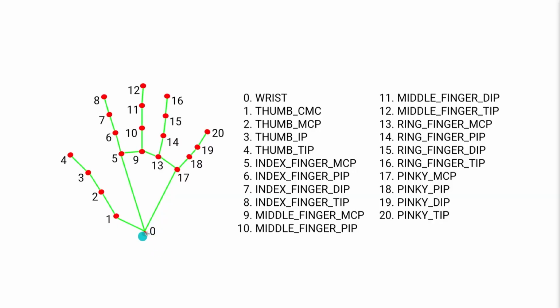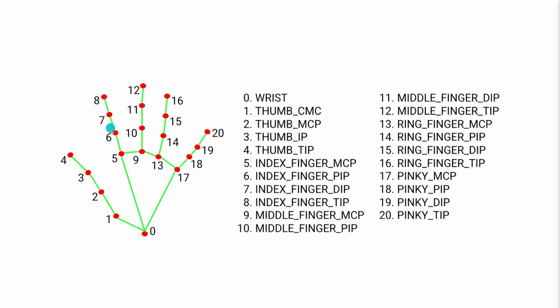Now let's try to understand how MediaPipe reads our hand. MediaPipe divides our hand into 21 landmark points. It starts from the wrist joint. For every joint in our hand, MediaPipe assigns a landmark number, such as for the thumb joint, it assigns 1, and for the thumb fingertip, it assigns landmark number 4.